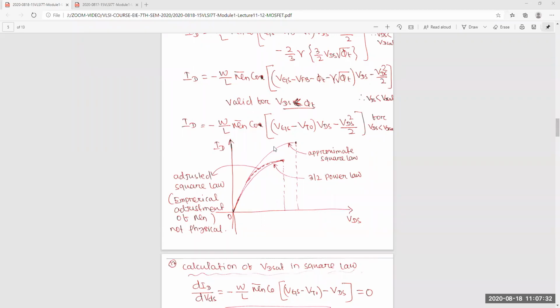That 444 is not the exact physical mu n. Actually, the physical mu n is somewhat more. In books you can get some value, but in reality the physical value is somewhat more. That 444 is an adjusted value, maybe the physical one is 600 or something. That 150 is also an adjusted value.